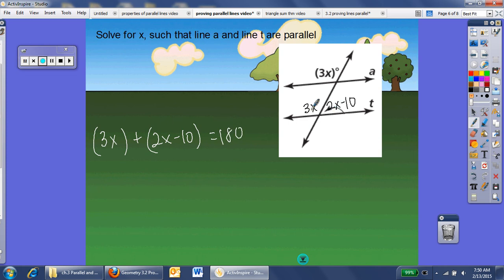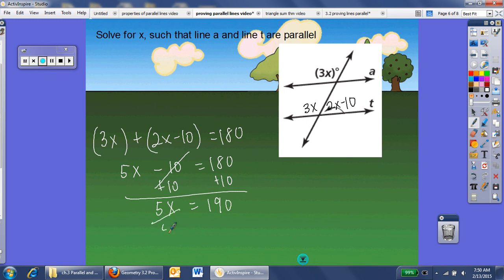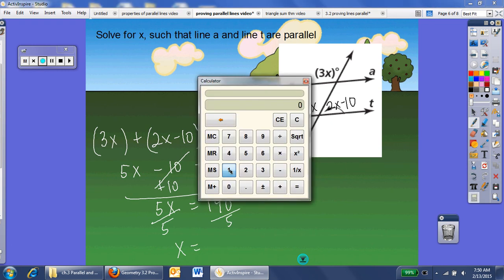They're supplementary. Solving, 3x plus 2x is 5x, minus 10 equals 180. Add 10 to both sides. We get 5x equals 190. Dividing by 5, we get x equals 190 divided by 5. I'll pull out my calculator. 190 divided by 5 equals 38.